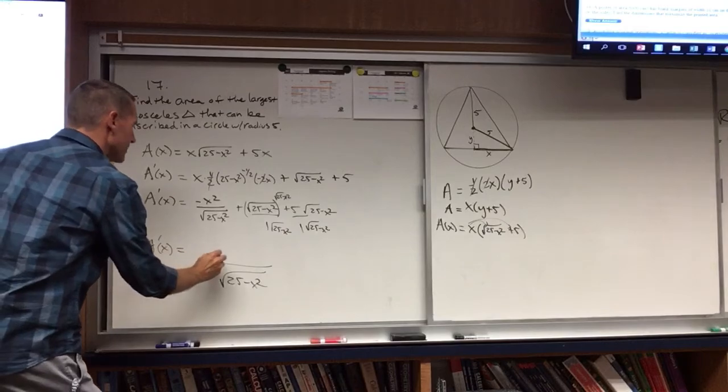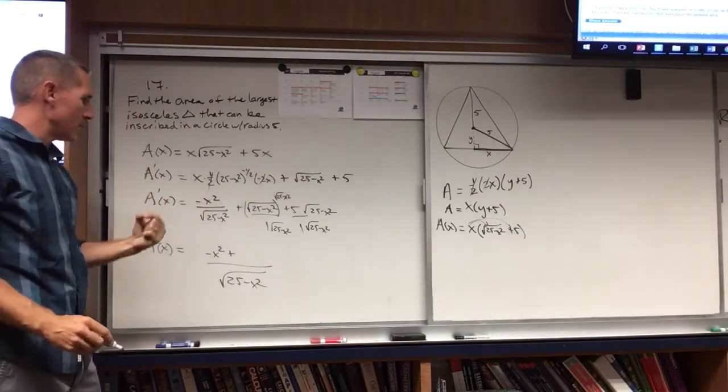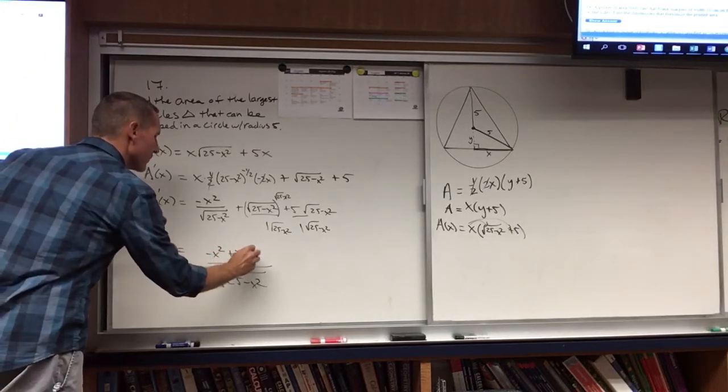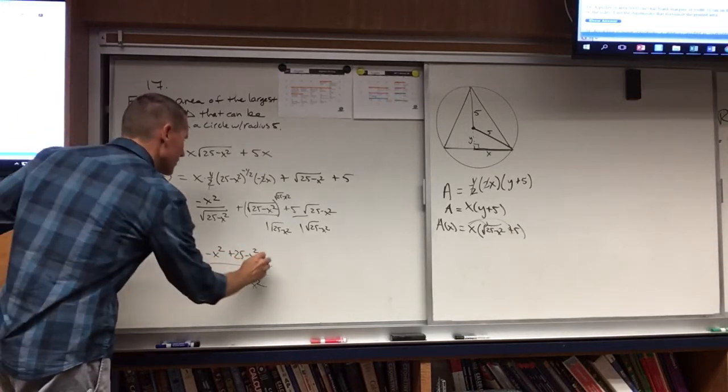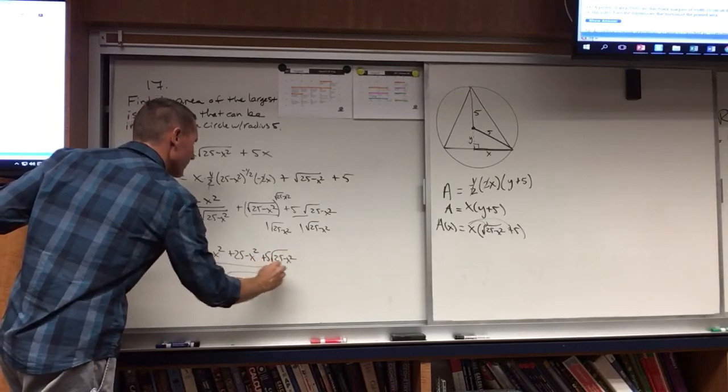That just remains. When you multiply that by that, you're just going to get what's inside, which is just 25 minus x squared. And then here you just have plus 5 root 25 minus x squared.